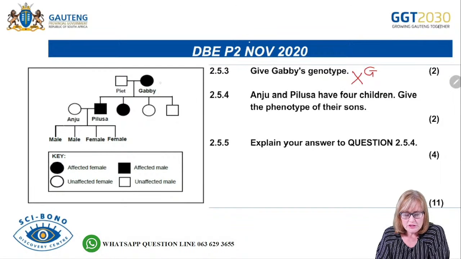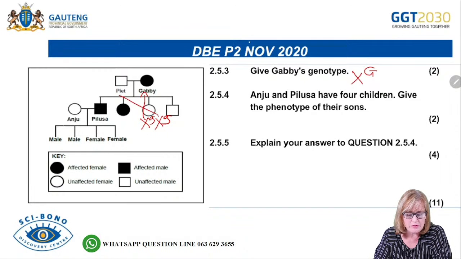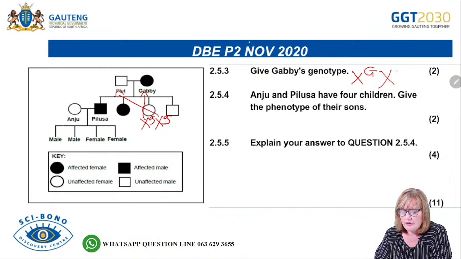So if she's got a girl that is unaffected, unaffected means that this girl had to have 2 recessive alleles. Right, where would she get these recessive alleles? She has to get 1 from Gabby, and she has to get 1 from her dad, which has the recessive trait. So in this case, she will then have a small g there. She will be heterozygous, all right?